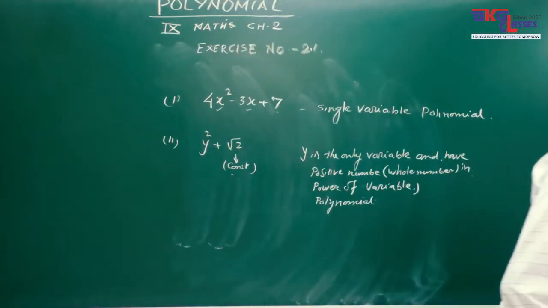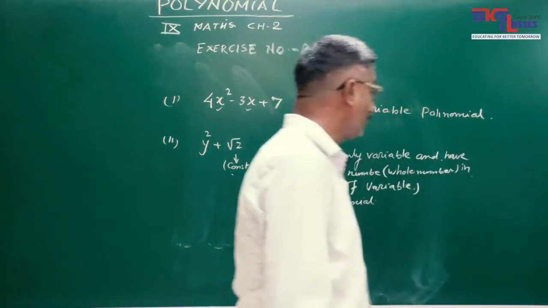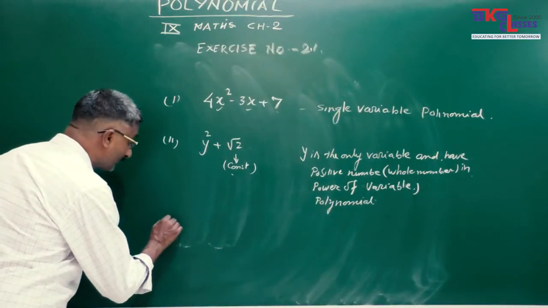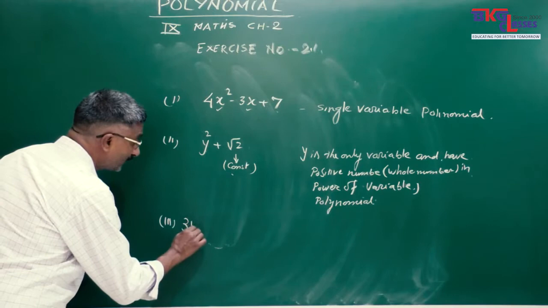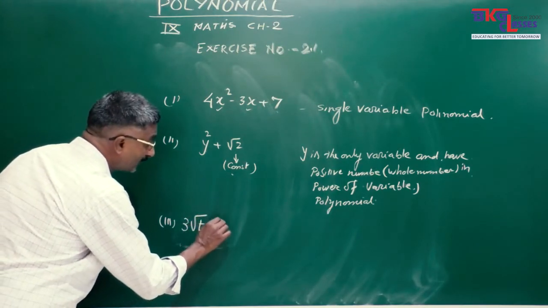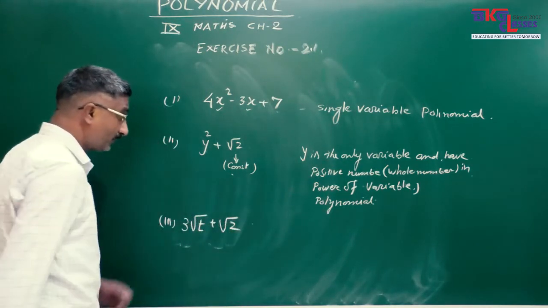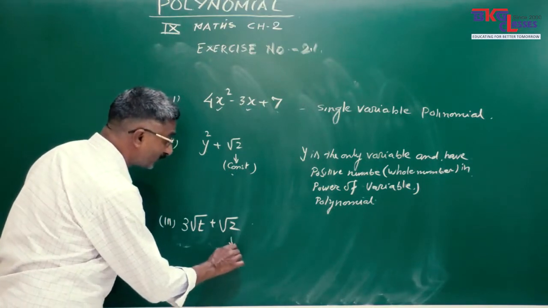Third one is 3 root t plus root 2. This is constant, no problem.